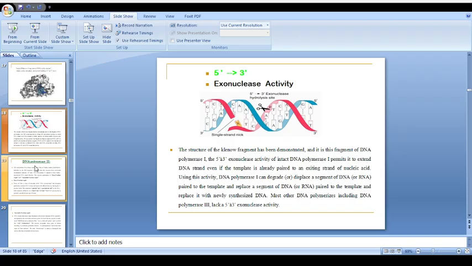It is responsible for degradation of the DNA or a segment of RNA which is paired to the parental DNA. But DNA polymerase 3 lacks this 5' to 3' exonuclease activity.